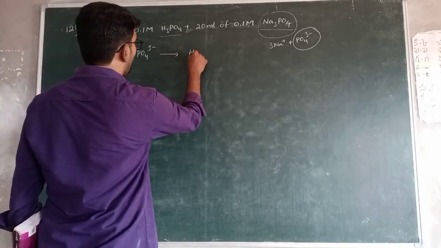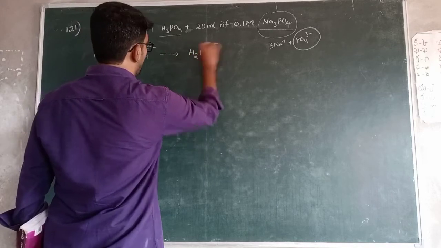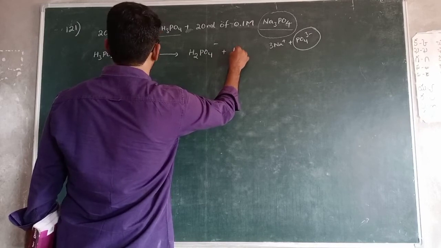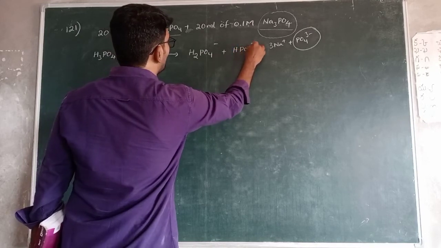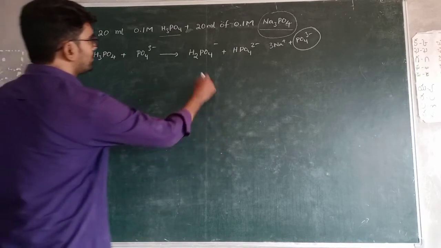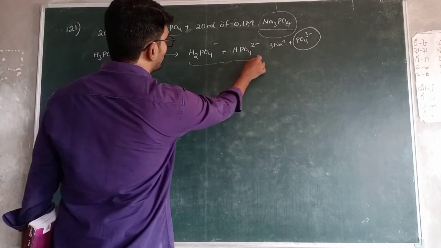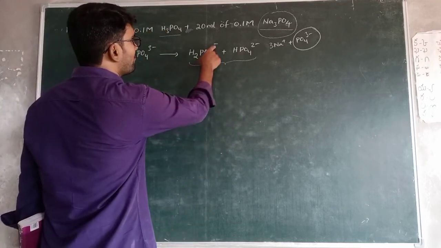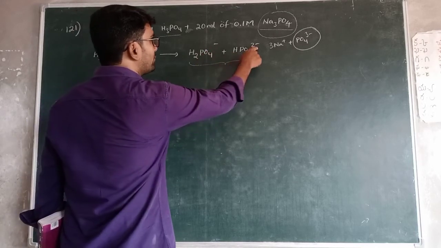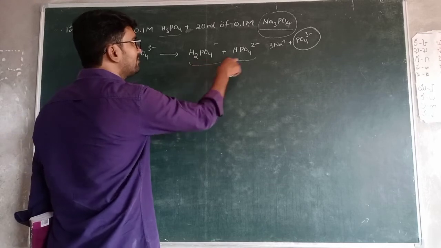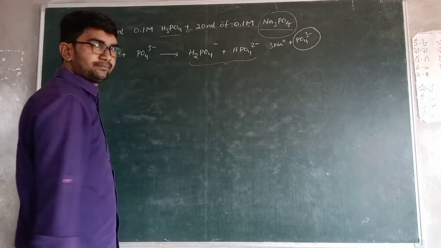Then you get H2PO4 minus plus HPO4 2 minus. Do you understand? So what is the relation between these two? This is very important. H2PO4 minus and HPO4 2 minus: this one gives this conjugate base.